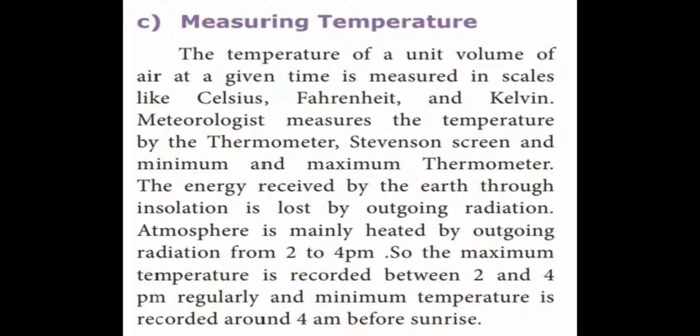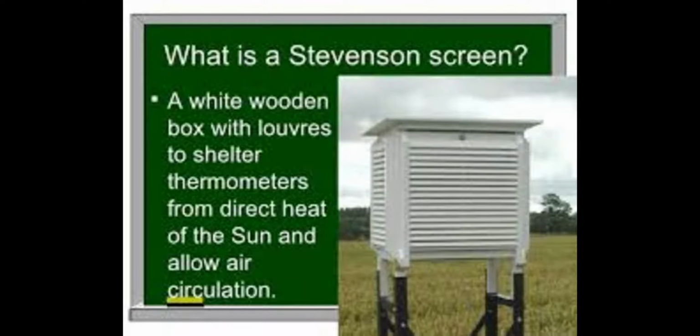Before sunshine. Okay, so we'll just see the picture of the Stevenson screen. Many would have thought this is a name, right? So, what is this? We'll see the Stevenson screen, a white wooden box with louvres to shelter thermometers from the direct heat of the sun and allow air circulation, is called as what?